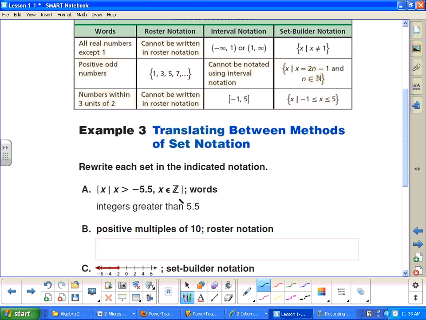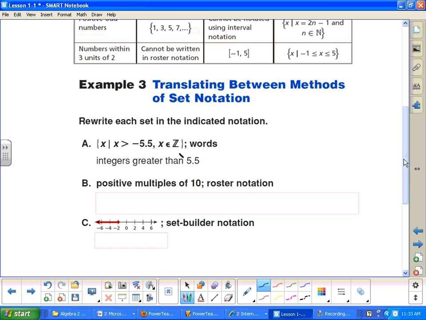Okay, so what does this say? This tells me that we're dealing with integers that are greater than negative 5.5. All right. Letter B, positive multiples of 10. Positive multiples of 10. All right?